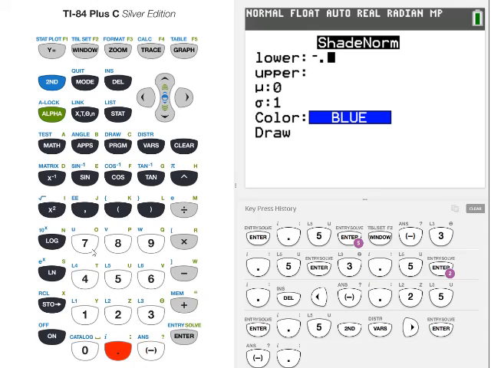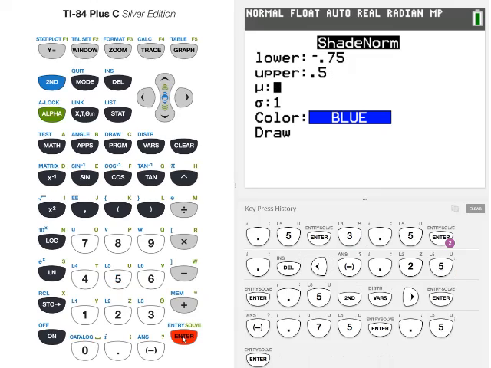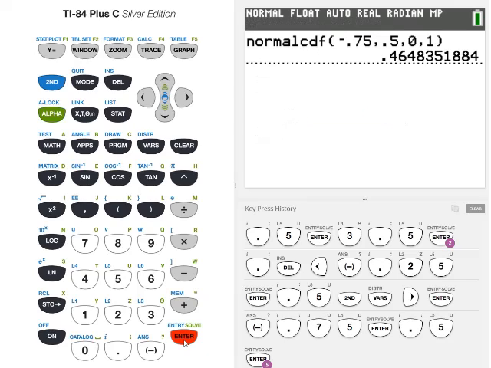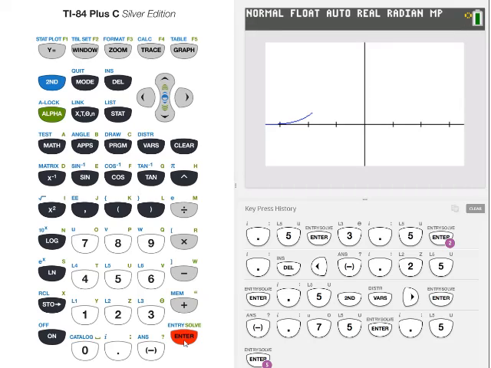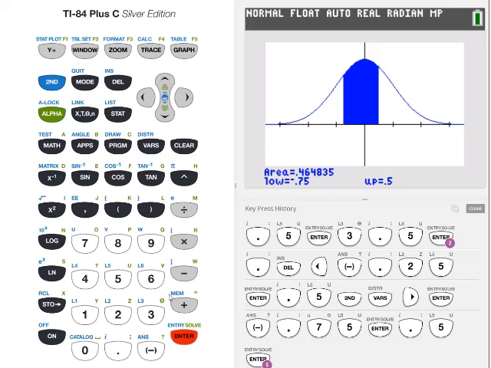Negative 0.75 for the lower bound, 0.5 for the upper bound, and again we have a mean of 0 and a standard deviation of 1. I'll select draw, and then on the graph you see the normal distribution, and you see the area that we were looking for in question, which then gets reported.